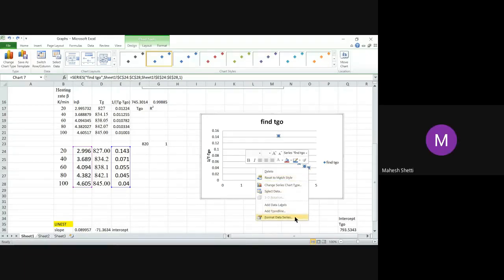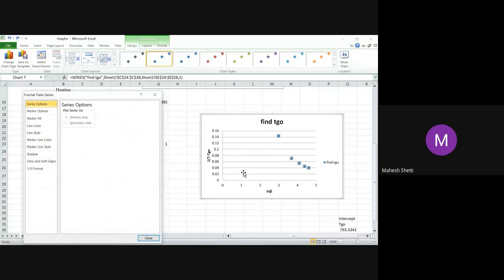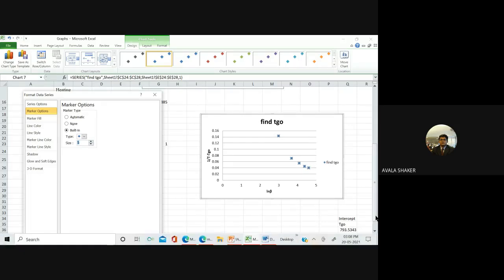It will be in the format data series. Marker options. Here you have this automatic now, built-in type. You can make them small, or you can make them bigger, and so on. So you can change the size of the data point markers. You can change the color also, or the size, shape, whichever you want. So from here you can do that.